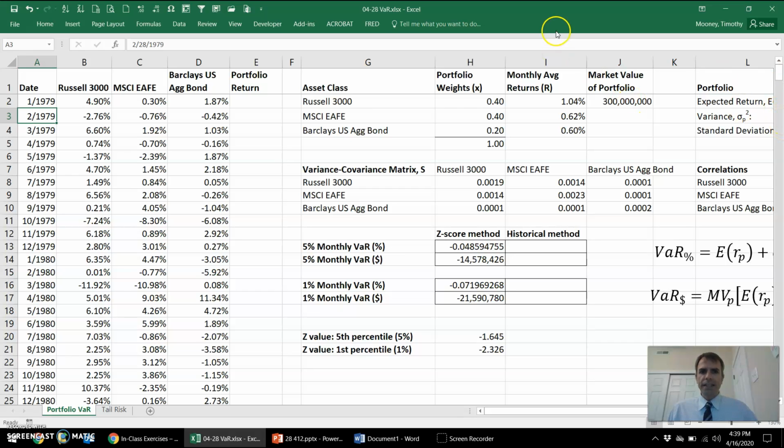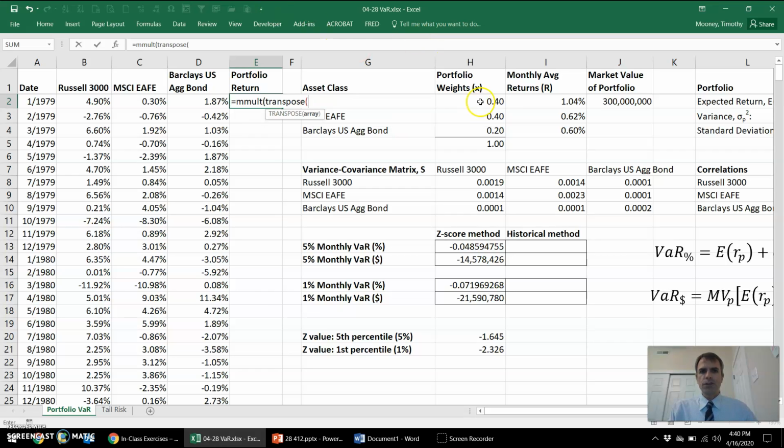What we've got is a matrix of weights here. And this is just 1 month of data, but it's like a transpose matrix of returns, so you could treat this as R transpose. To find the portfolio's return using matrix operations, I'll do it this way. If you want to do it some other way, you're welcome to. Using matrix operations, MMULT of X transpose times R, right?